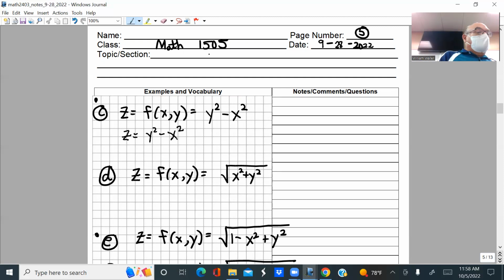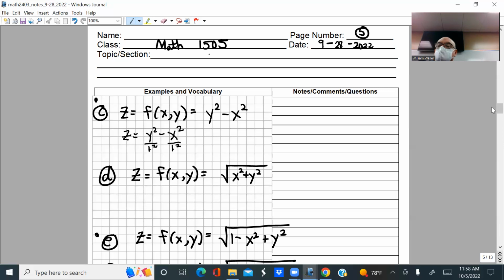Yeah, that's a hyperbolic paraboloid, right? Okay. That fits nicely. It looks exactly like that formula in the table, right? Okay. So that's got a saddle shape to it.